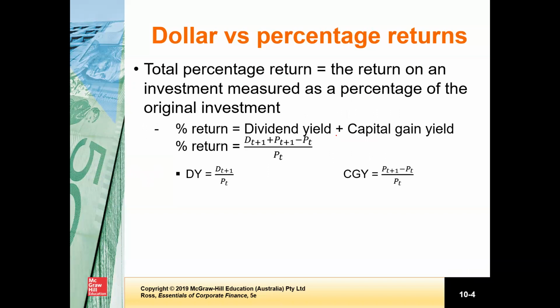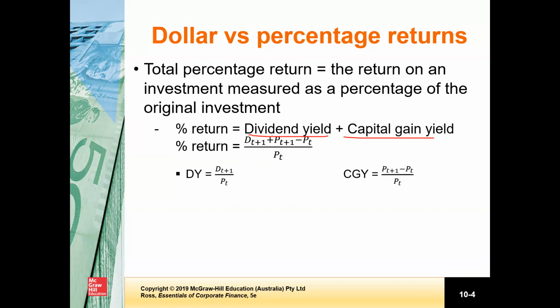Percentage return, on the other hand, is calculated this way. Instead of dividend and capital gain, we call it dividend yield and capital gain yield. Essentially, dividend yield is the percentage return from dividend, and capital gain yield is the percentage return from capital gain, and that combined makes up percentage return.